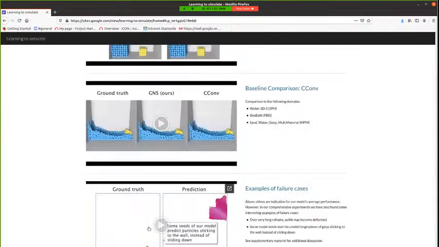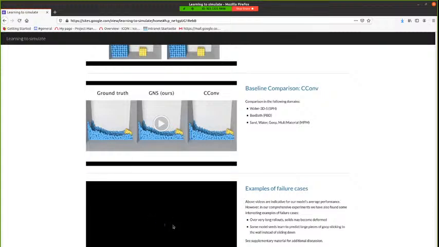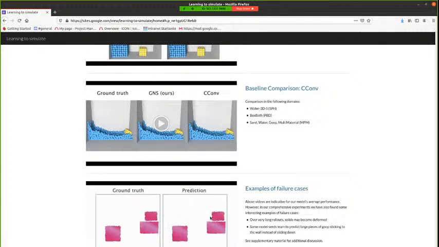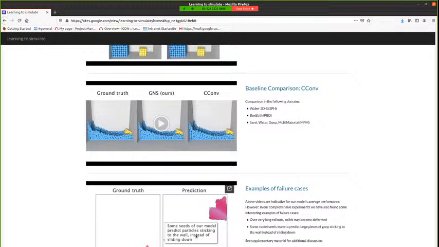I think they have this one failure case that is relevant here, where they looked at some stuff that doesn't make any sense in this particular case. So they're not looking at energy conservation, but they're looking at aphysical behavior. Like this one, the group in particular does stick to stuff, but probably this should have fallen, at least according to my internal physics.